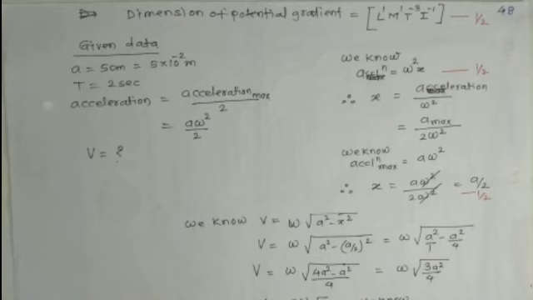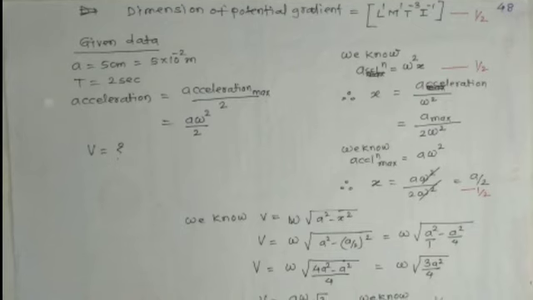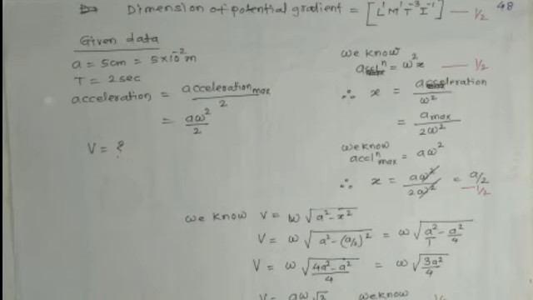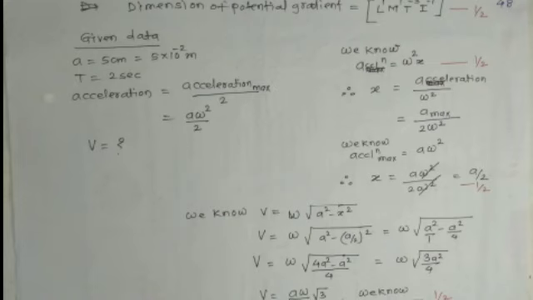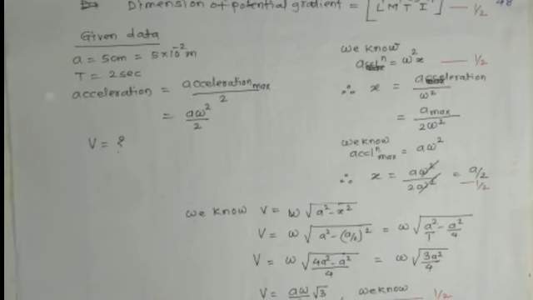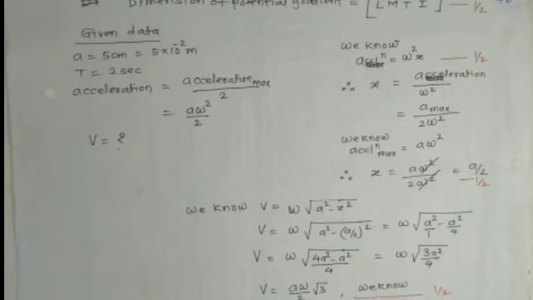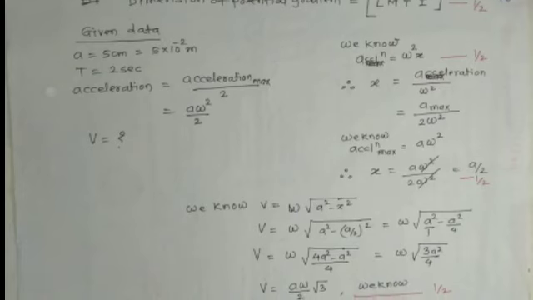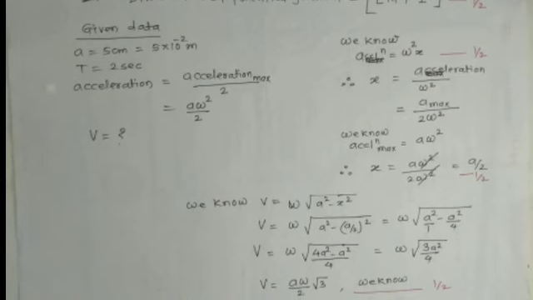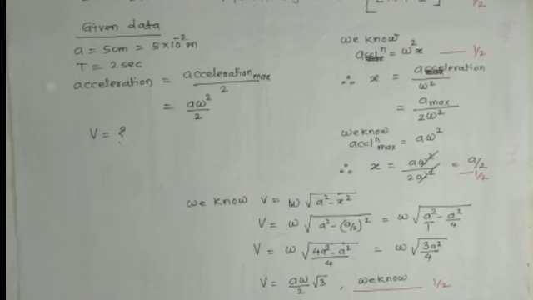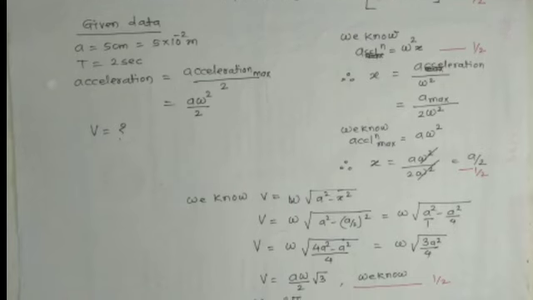We solve the numerical. So given data: amplitude is given as 5 centimeter, which is equal to 5 into 10 raised to minus 2 meter. Time period is 2 seconds. Acceleration is equal to maximum acceleration upon 2, means aω² upon 2. And we can find velocity, v equal to question mark. We know that acceleration is equal to ω²x.